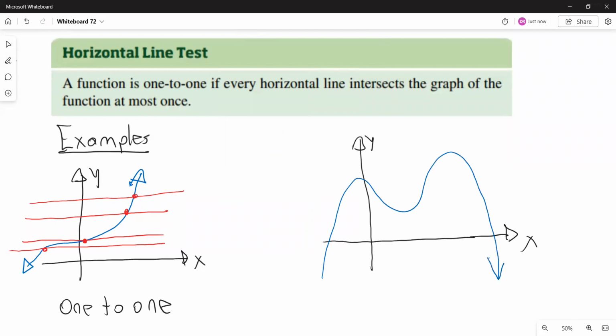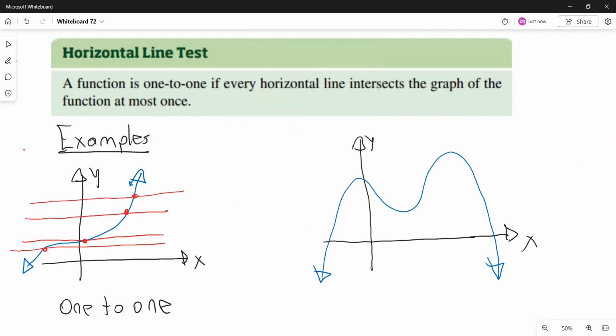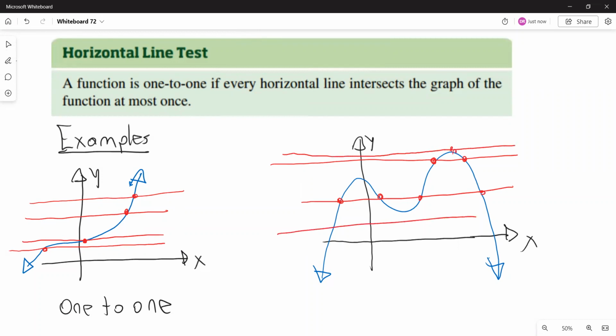That one is not going to be one-to-one, because there are going to be horizontal lines that cross the graph more than once. That doesn't mean that every horizontal line will cross the graph more than once. You could have this one that crosses the graph only once. But if there's one horizontal line that crosses the graph more than once, then the function is not one-to-one.